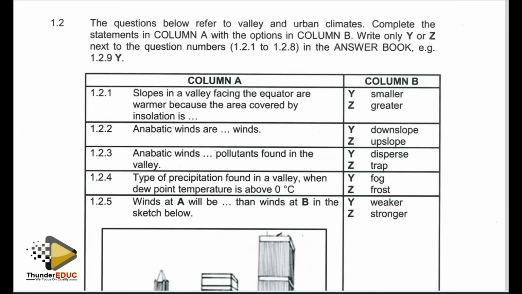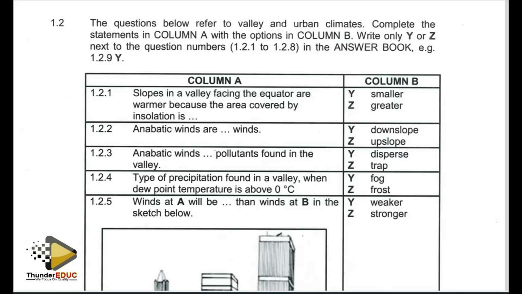Right, let's look at the questions. We have question number 121. Slopes in a valley facing the equator are warmer because the area covered by insolation is dash, with the responses Y and Z being smaller and greater. Here, from the perspective of the southern hemisphere, we are referring to the north-facing slope.